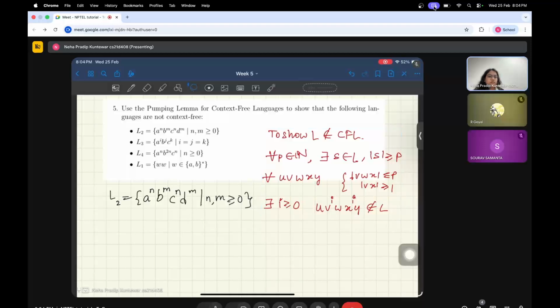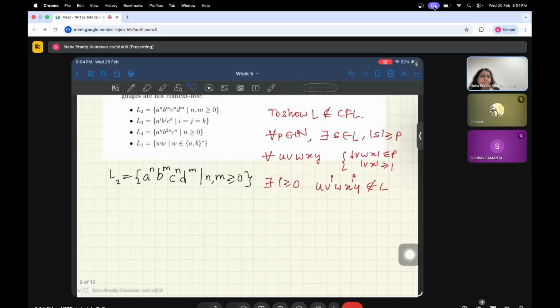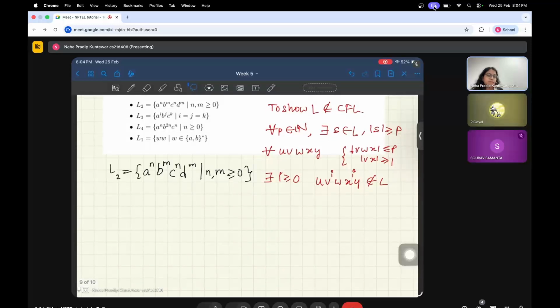So we take a long string, say a raised to the power p, and m and n are different. Equal number of a's and c's, and equal number of b's and d's.